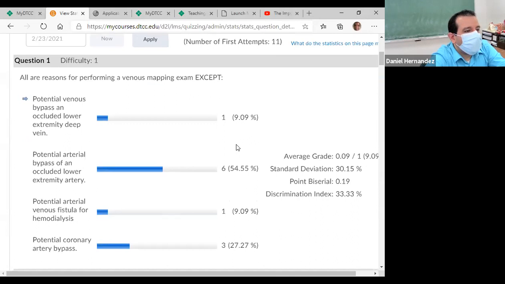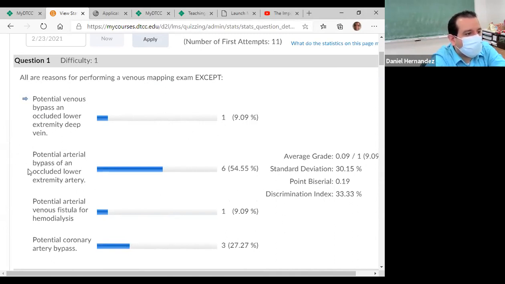All right, so from quiz 2. All our reasons for performing a venous mapping except. A lot of people put potential arterial bypass of a lower extremity artery. So we do a vein mapping to potentially bypass an occluded artery.